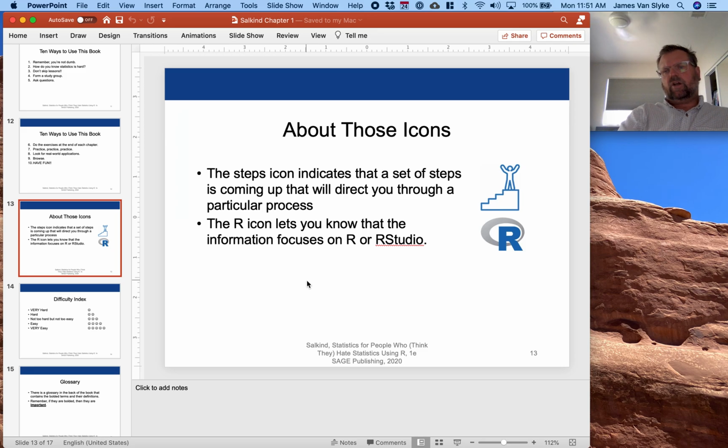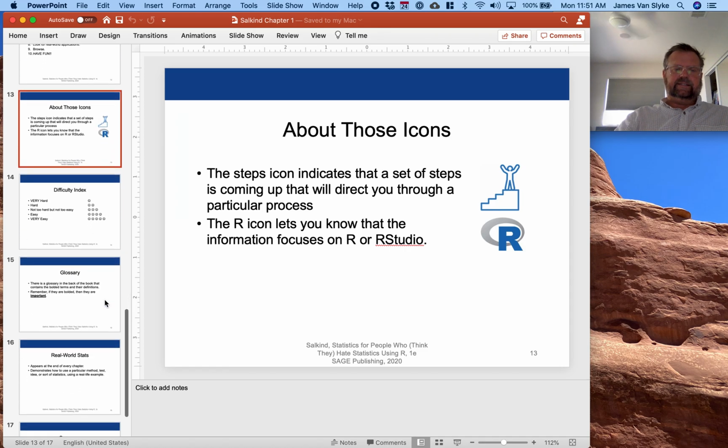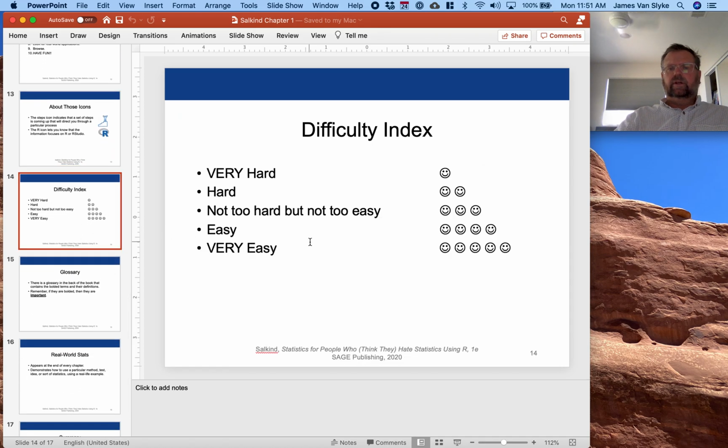RStudio is basically an expansion of the R statistical program, and RStudio just adds a lot more help to looking at statistics. This one gives you a difficulty index, so it'll give you a little bit of a forewarning that you may need a little bit more time with a particular chapter. It's not going to be too overly easy.